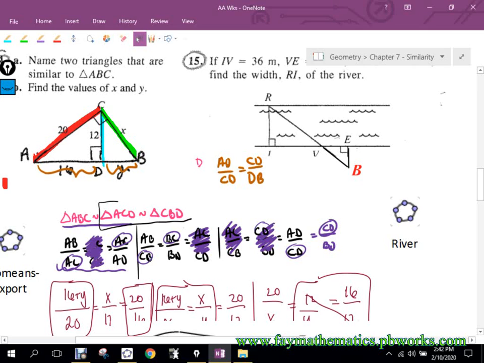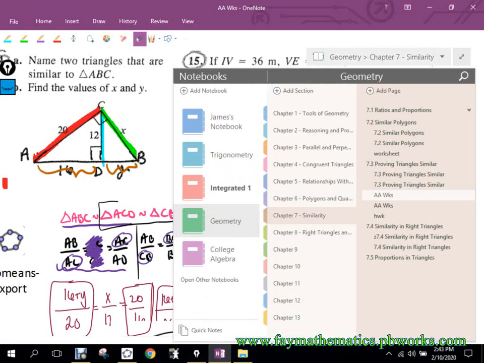Here, BC is the geometric mean between AB, which is the hypotenuse, and DB, the part of the hypotenuse that's touching that leg. Over here, CD is the altitude in the geometric mean spot between the parts AD and DB of the hypotenuse. So this corollary allows us to create those relationships much faster than when we first saw question 14, working solely with similar triangles and writing the similarity statements. Okay?